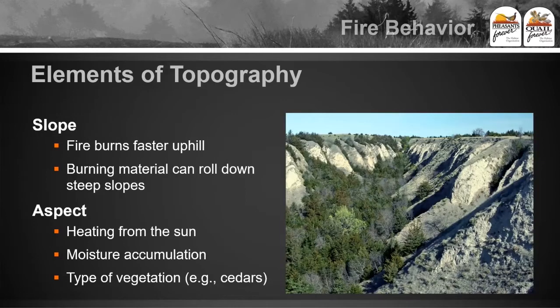Now, there's a couple different elements of topography that we want to look at, slope and aspect, just very broad generalizations. Slope, obviously, fire burns faster uphill. Material can potentially roll down the hill on steep slopes. And then aspect can also affect your fire behavior from the heating of the sun, moisture accumulation, and even type of vegetation.